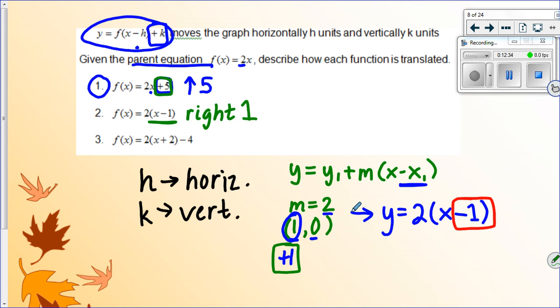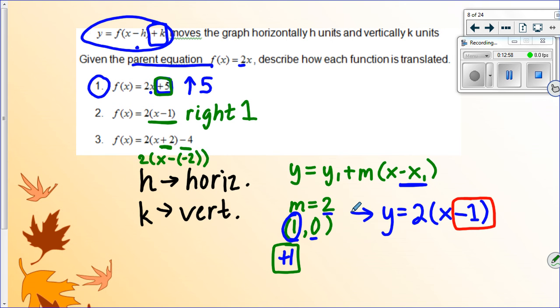Right, so now let's take a look at this bottom one. It looks like I have both an h value and a k value. So we can think of inside of the parentheses, it's the opposite of what you think. This says plus 2. It's a horizontal translation. So really we could think of it as 2 times x minus negative 2.